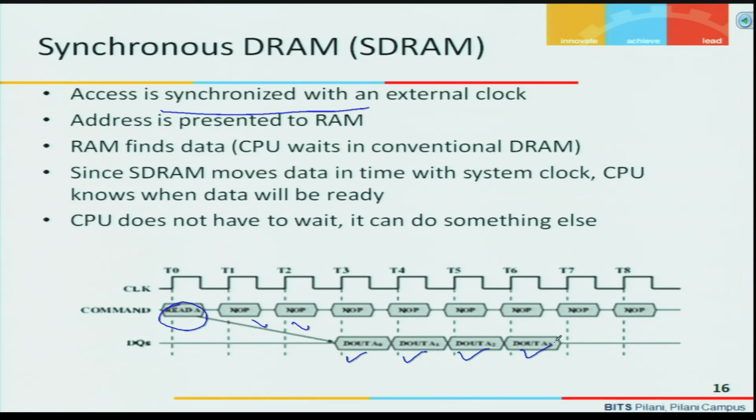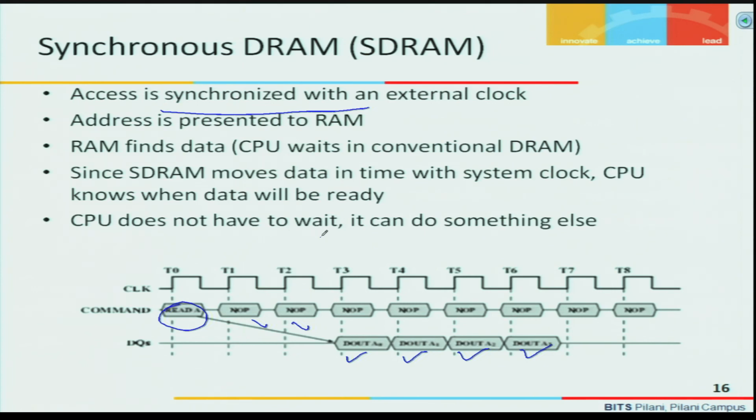So, it is fixed that after the address appears, a 2 cycle latency will be there, and after 2 cycles it will provide the required data. How much data it gives at a time, 2 bytes or 4 bytes, depends upon the data path and the memory organization as well.